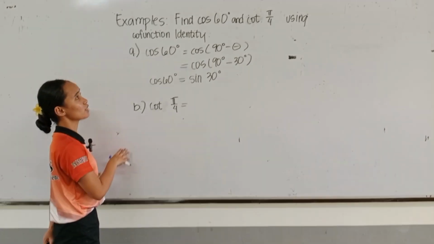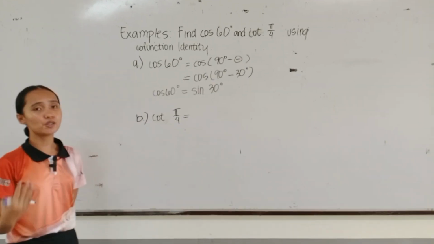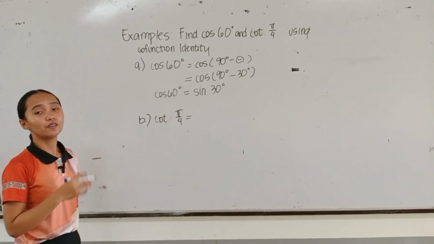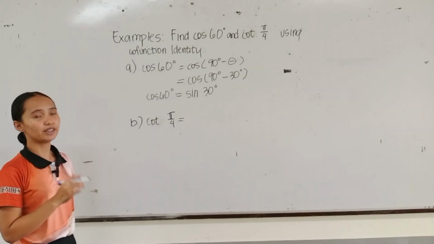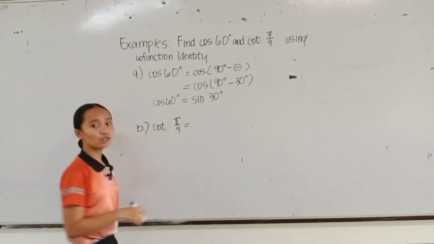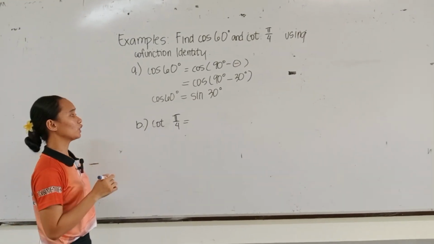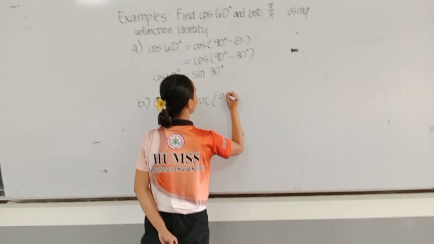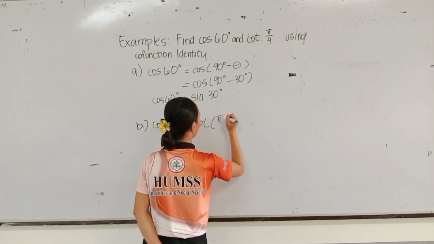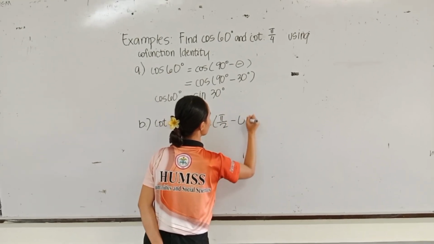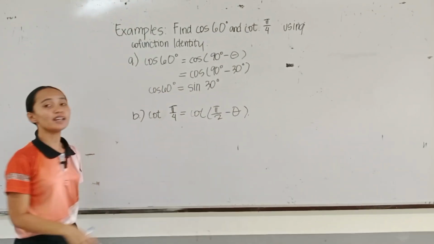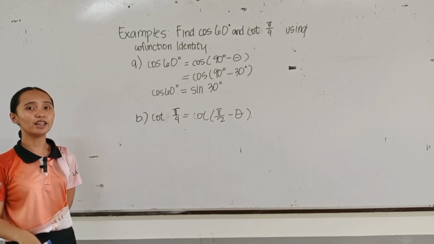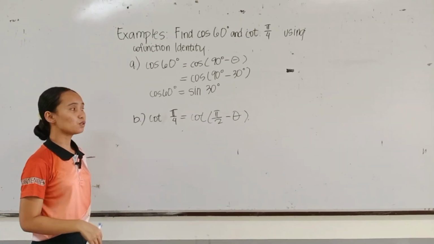As for the cotangent pi over 4, we will be using the same process but not in degrees, rather in radians. So first, we rewrite the cotangent as pi over 2 minus theta, where theta is the complementary angle of the given angle. Next is to substitute.